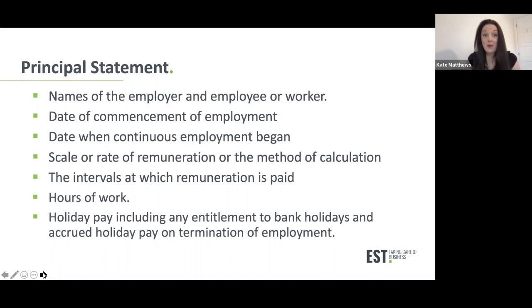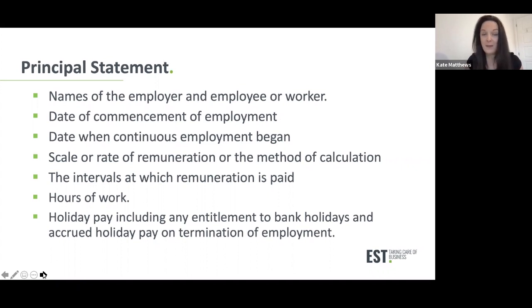You also need to put in the principal statement holiday, so holiday entitlement, but also holiday pay. So with holiday entitlement, if it is somebody who is part-time, you would always put in what their entitlement is, but then you would add what the full-time equivalent is, so that you know what it's based on, because part-time employees are not allowed to be treated less favourably than full-time.